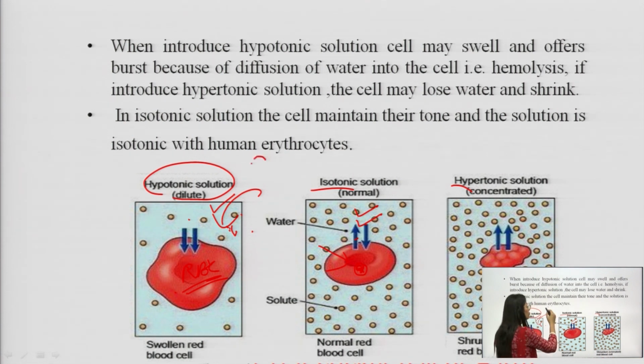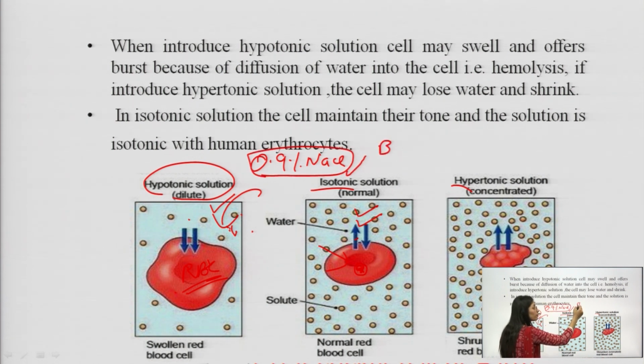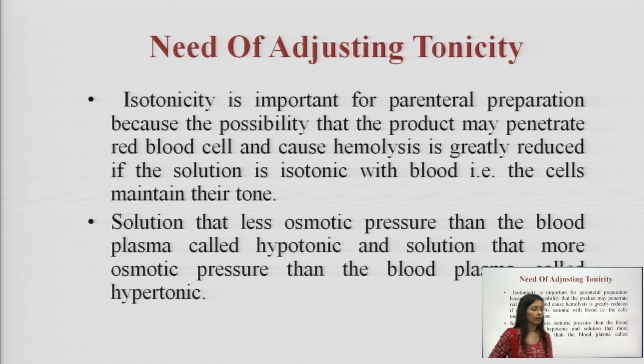That's why I told you previously it should be 0.9% NaCl we can go for and have the same pH as that of blood. Because if there is not same pH when we are incorporating parenteral products inside our veins, it can cause rupturing of RBC or swelling of RBC that we don't want. Okay, that's why it is very much important that we are maintaining the tonicity. Let's read what's written over here.